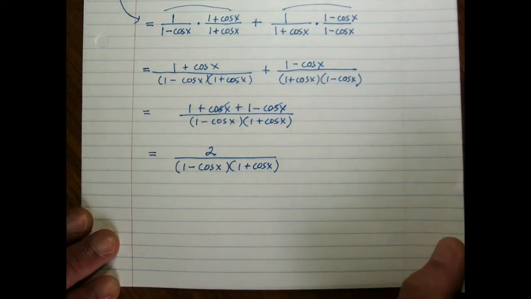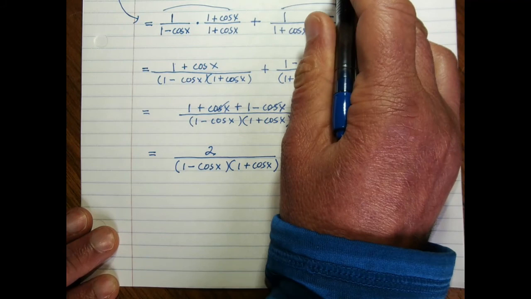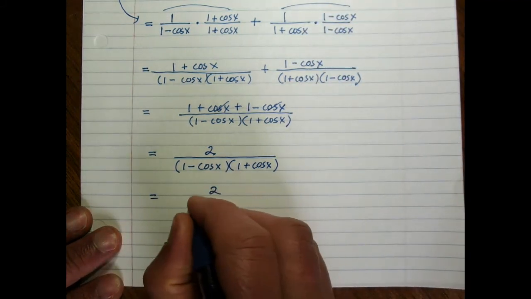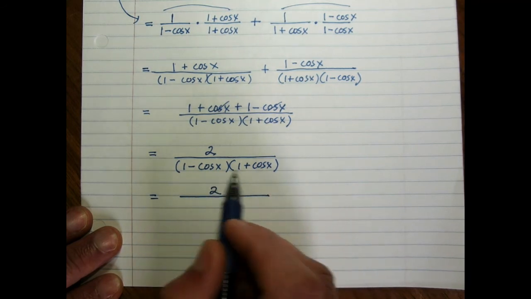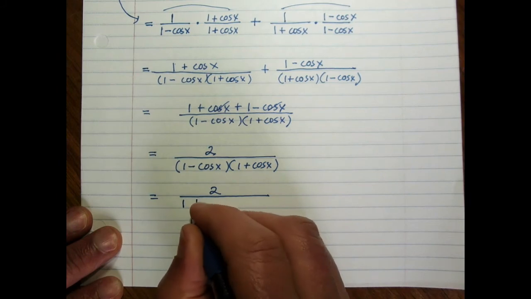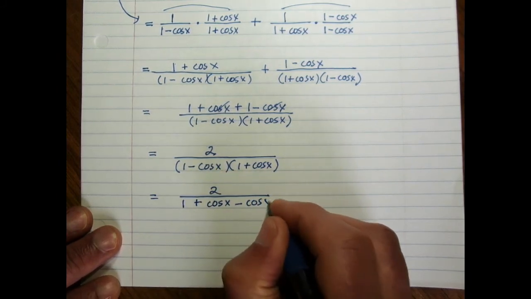Well, it's maybe simpler in a way, but I'm trying to get an answer that involves just sine x. I'm going to multiply this out. This is like a FOIL multiplication problem, right? I get 1 outside plus 1 cosine x, inside minus cosine x.